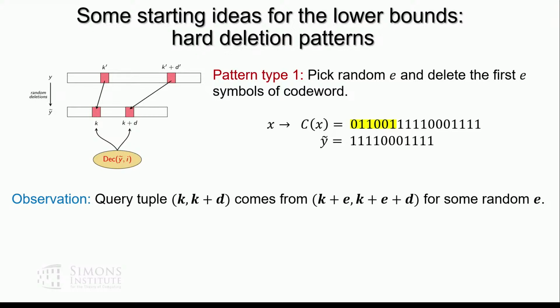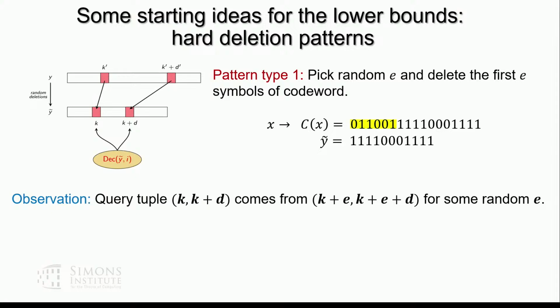So what can we say about this error pattern? If we look at the queried indices, I'm denoting them here as K and K plus D. K plus D means really distance D from K. So the first query is at position K, and then I'm counting D many positions from K, and that's where the second query is.